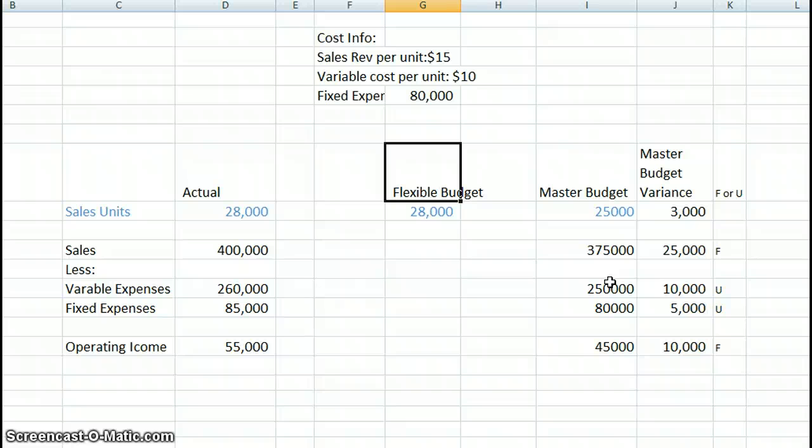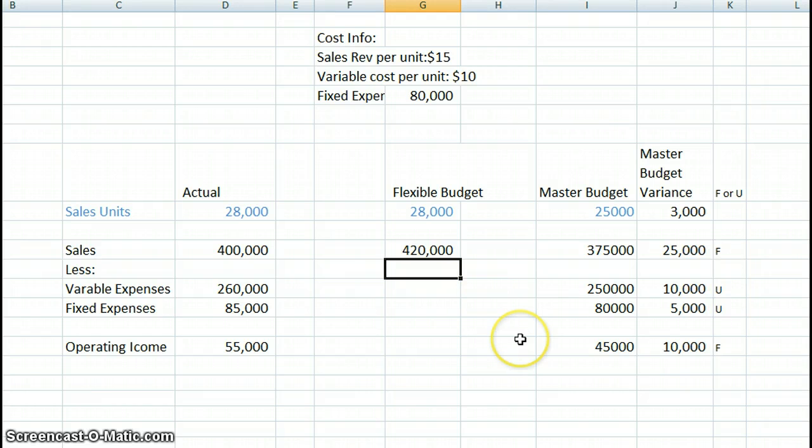So let's go ahead and prepare a flexible budget. To prepare a flexible budget, you've got to calculate what should have been your budgeted sales at 28,000. They've given you that the sales price is $15 per unit, so you can say that your budgeted sales is 420,000, 28,000 times 15.